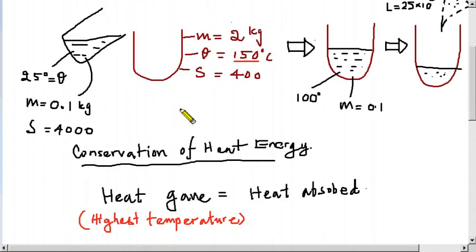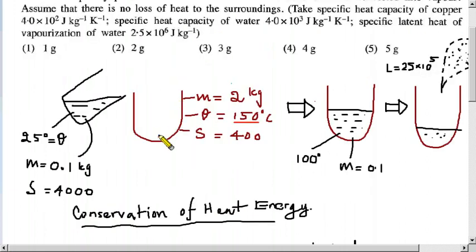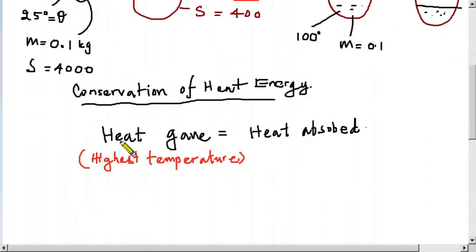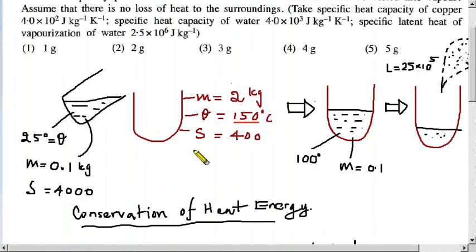That vessel gives heat to this water because it is at the highest temperature in this case. So we have to write m s theta for it. We can write it later. So we have now identified who is giving heat.